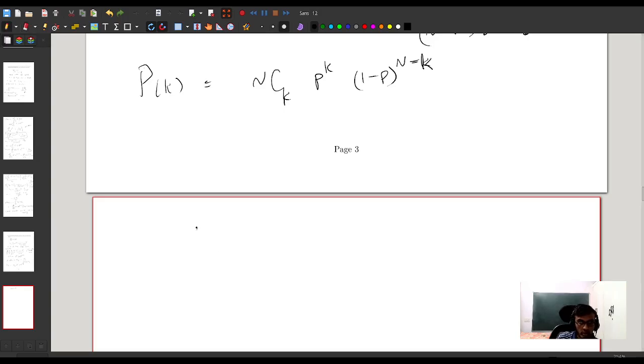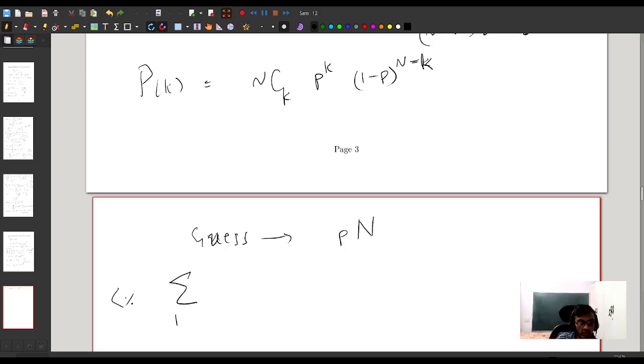So the natural guess should be something like p times n. Let's see. We have to do some algebra, some calculation to get to this. Let's try to do that.